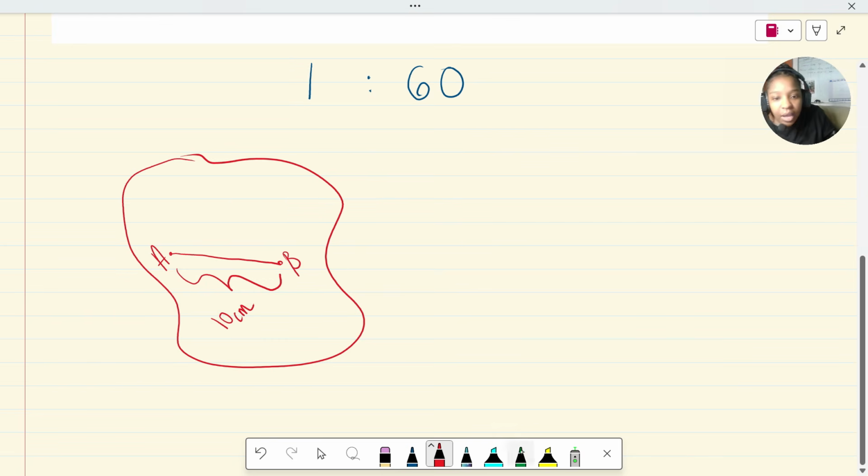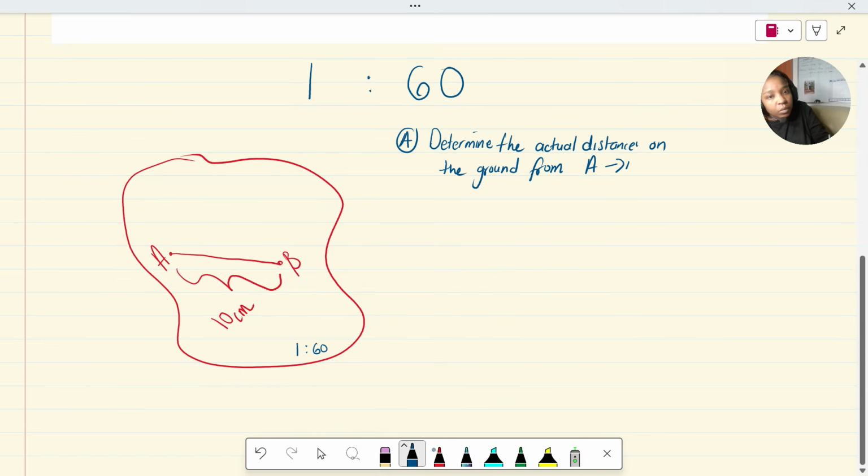Then they tell you that the map uses the scale of 1 is to 60, and the question asks you to determine the actual distance on the ground from A to B.